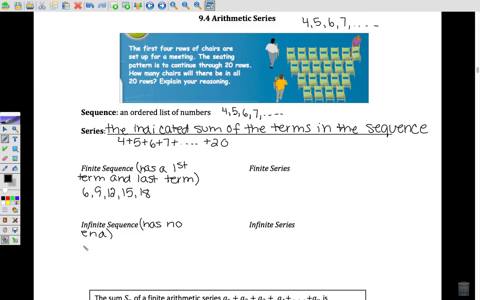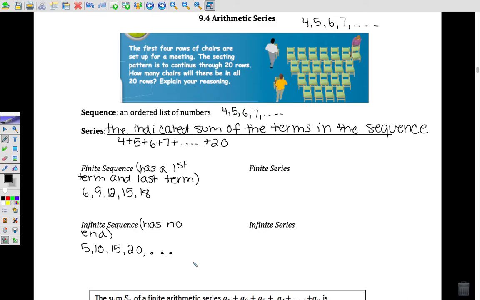But we could write a sequence 5, 10, 15, 20, but then if we do this dot dot dot, that means it's going to go on forever. I'm going to keep adding 5 to each term forever, all the way into infinity.